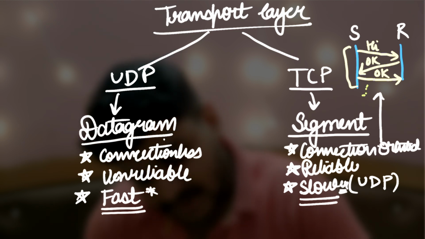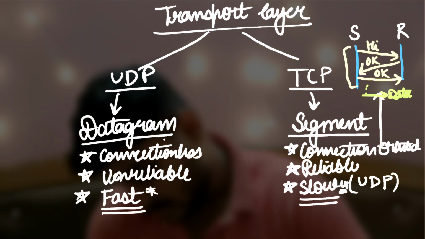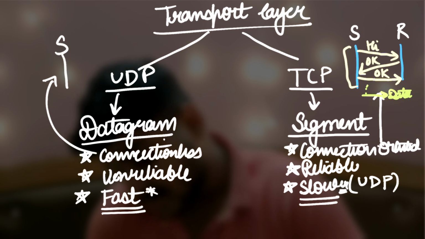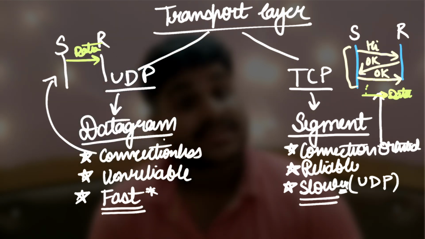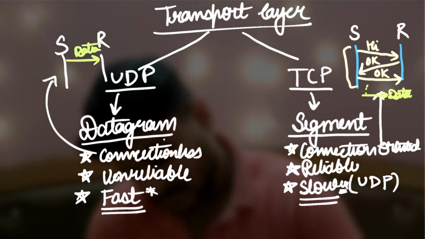After that only data will be transmitted. In the case of UDP, what actually happens? The sender just blasts away with the data. It says, here's the data, take it. So this is the case for UDP. No connection is built.